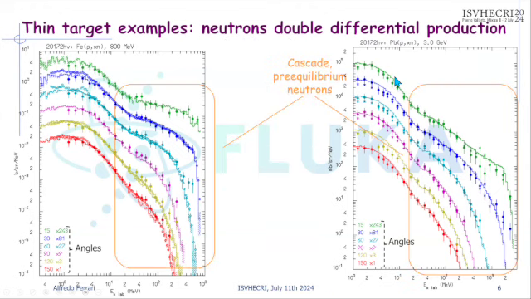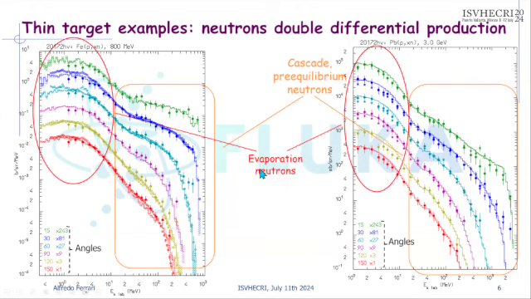What is important to stress is that the high energy part of the spectra, at those energies where you really don't have quark chains, strings, etc., is dominated by cascade and pre-equilibrium emission. And the low energy part, which is essentially isotropic, is dominated by evaporation.